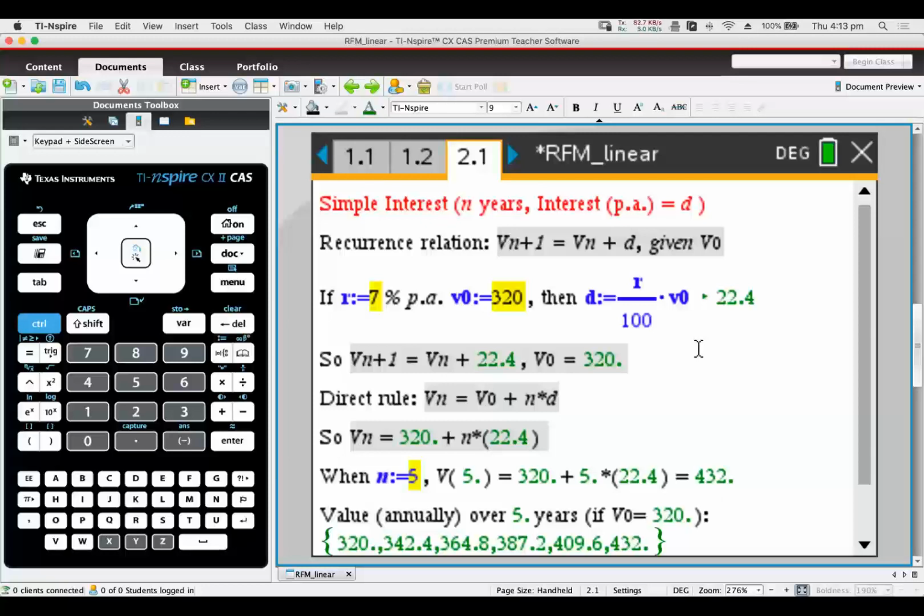Note, a feature of simple interest is that the amount of interest each year is constant, so you will always be adding $22.40 for every year that you have such an investment.